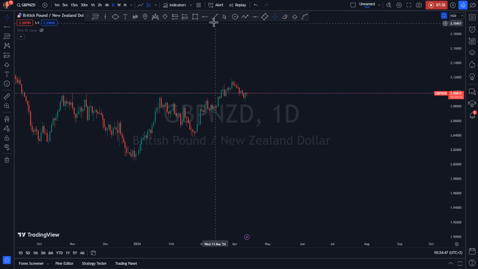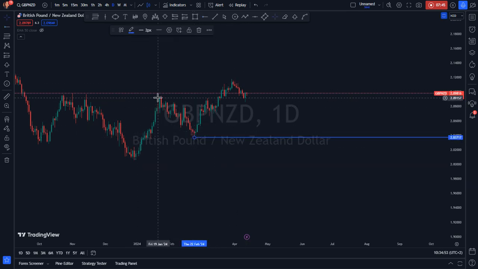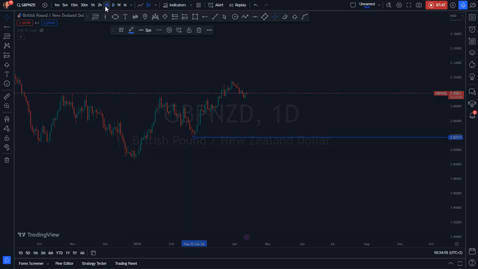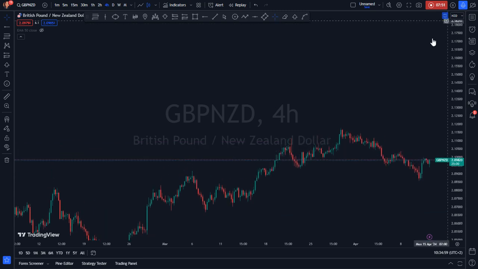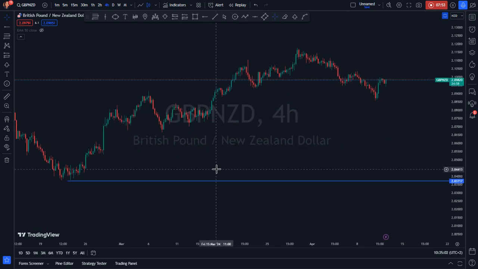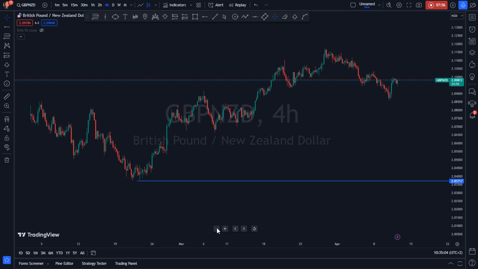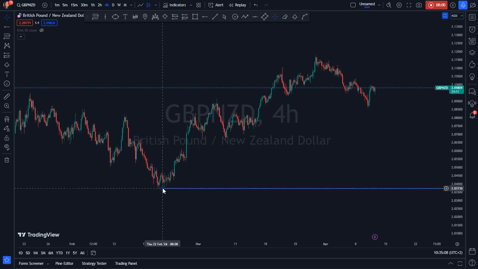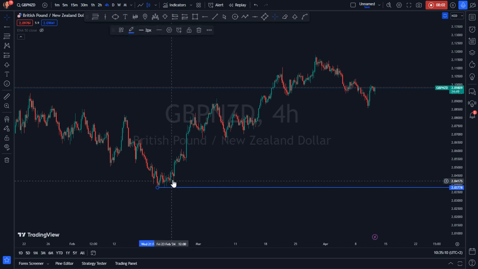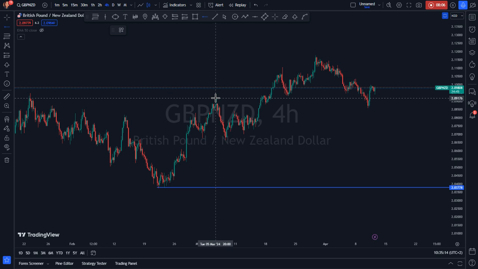So let's just concentrate on this last part of the graph. As you can see, impulsive, correction, impulsive. We can even go to the 4-hour time frame just to concentrate on this last part of the graph. If you concentrate on this last part, we can have this structure as an uptrend. After the market created this low, it went all the way up to create this high right here.